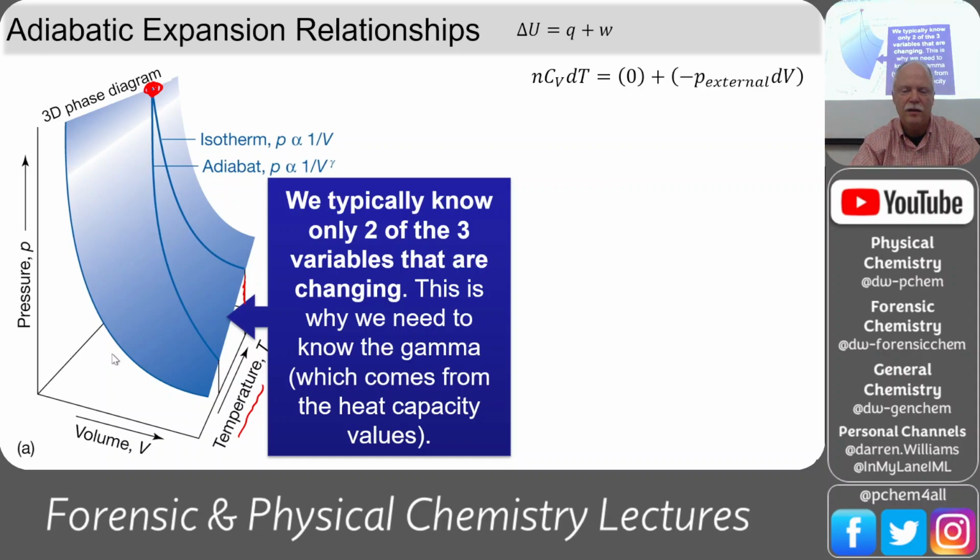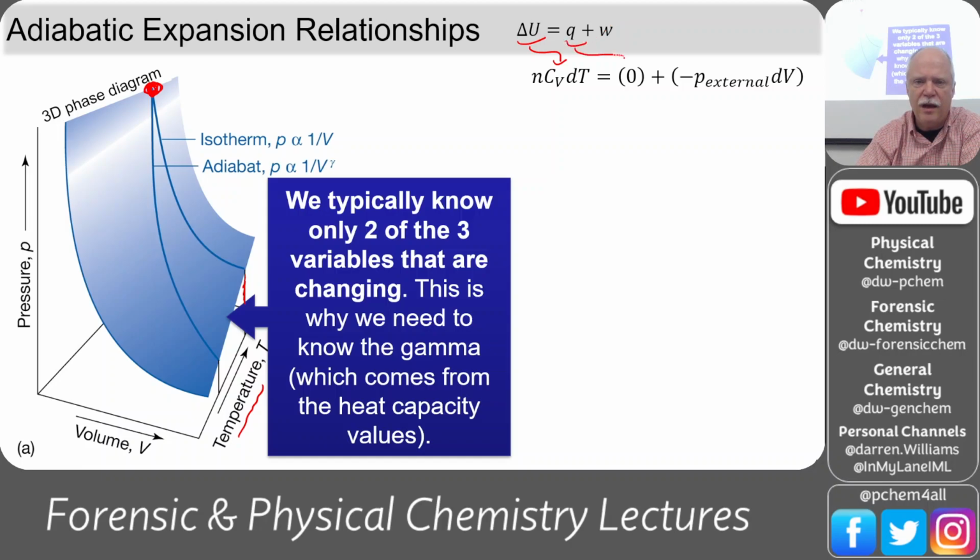So let's look at how we get some of these adiabatic relationships. We did this integration in an earlier lecture, but it was for a slightly different reason. This one is using the delta U, which is a function of the change in temperature.